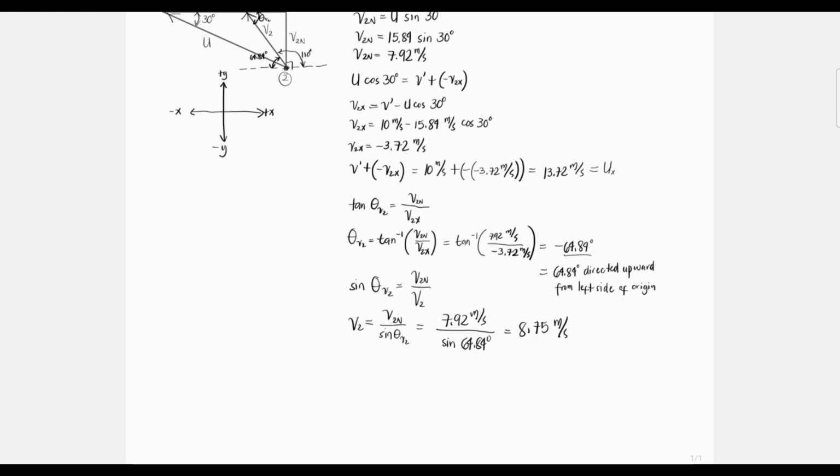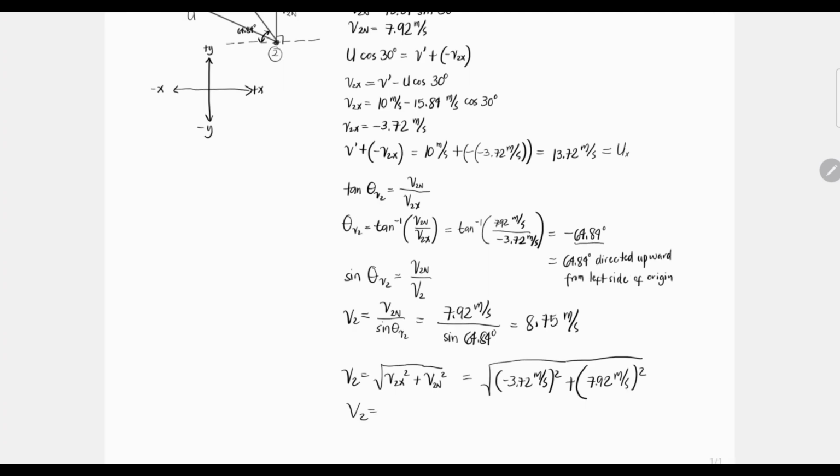For checking, let's solve for V2. V2 is equal to the square root of V2x squared plus V2n squared. That is the square root of negative 3.72 meters per second, quantity squared, plus the value of V2n, which is 7.92 meters per second, squared.